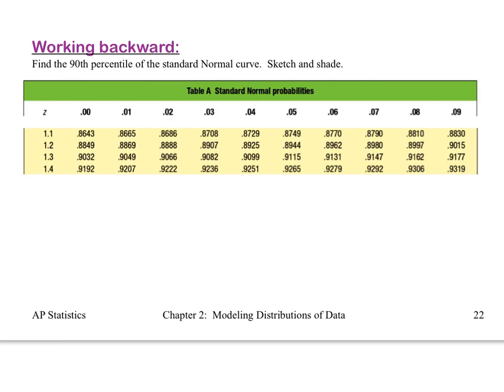And we find when we look at the table that there isn't one exactly like what we need, but there is a close one. And this is the closest one, 0.8997. So we started with the percentile in the middle, and now we're going to look for the z-score that goes with that number. And we find that the z-score is going to equal 1.28.